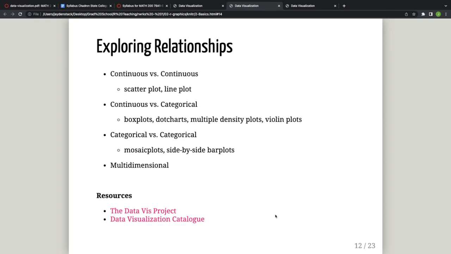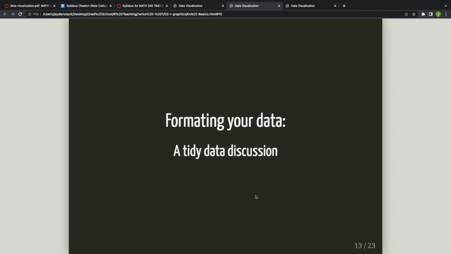Categorical versus categorical, a mosaic plot, side by side bar plots, multi-dimensional. You get the idea. Again, take a look at the data viz project, the data visualization catalog. Take a look at the textbooks. They have very great examples on how we can understand some of these relationships and how we are going to create graphics based on what we're trying to figure out.